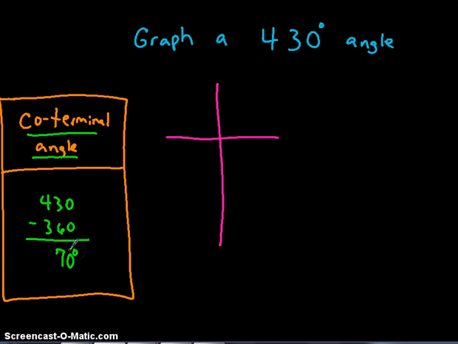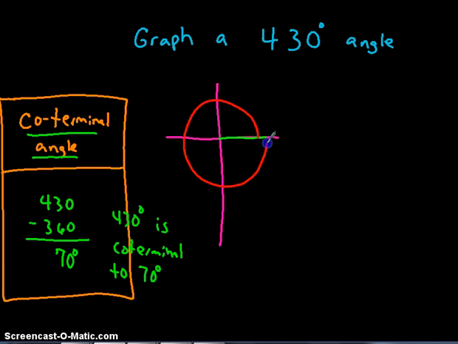So 430 degrees is coterminal to 70 degrees. What that means is if you graphed it, you really don't see the difference between 430 degrees and 70 degrees. When I graph it, I know I'm going to have the initial side right here, and I'm going to go around the clock counterclockwise once, which gives me 360.